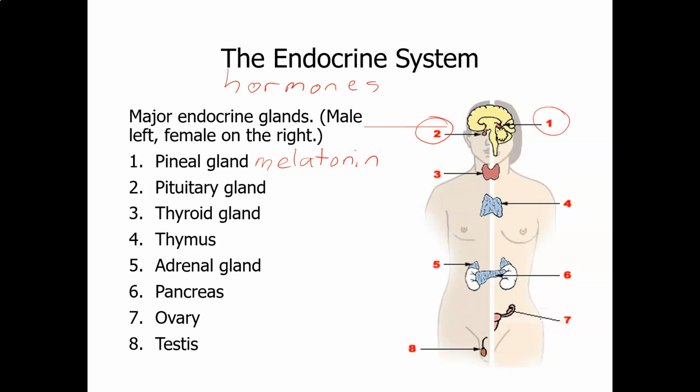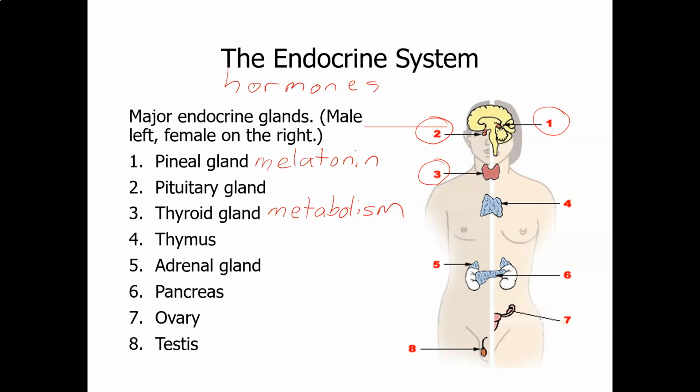The thyroid gland is number 3. I told you it was in your neck or your throat. And we know one thing it does is it helps regulate calcium levels in your blood, but it is probably most well known for regulating your metabolism. And there are lots of glands. The pancreas we talked about produces insulin.